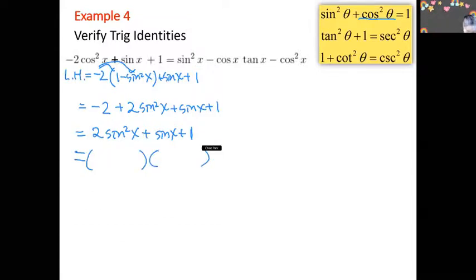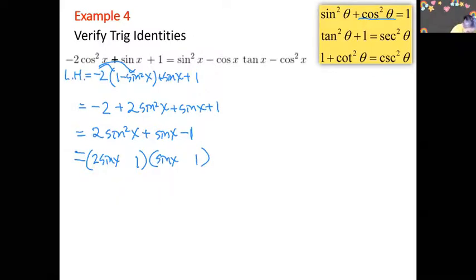The factors of 2 sine square x are 2 sine x and sine x. And factors of 1 are again 1 and 1. Oh, I copied it wrong. So remember negative 2 plus 1 is negative 1. I don't know why I put positive. Okay, then the factors of negative 1 are 1 and negative 1.